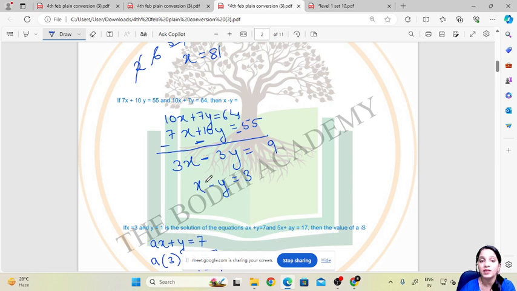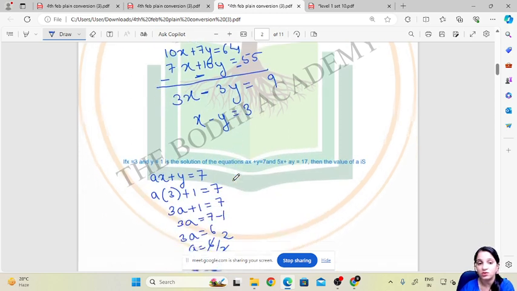So what I'll do is change the sign of the second equation, so that I can get plus 7 minus 10 minus. So 10 minus 7 is 3x, plus 7 minus 10 is minus 3y, equal to 64 minus 55 is 9. So when I take 3 common, it will be x minus y equal to 3.